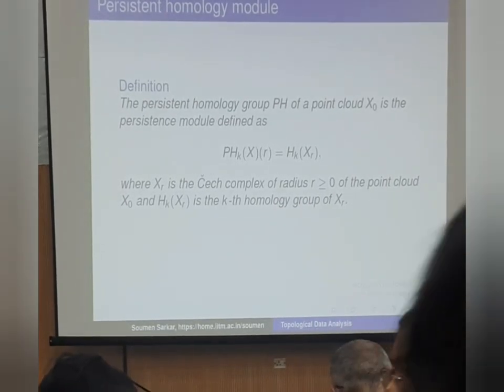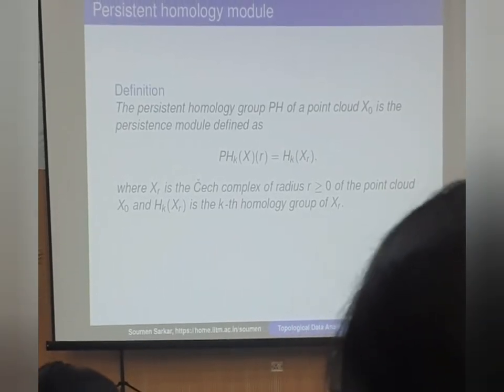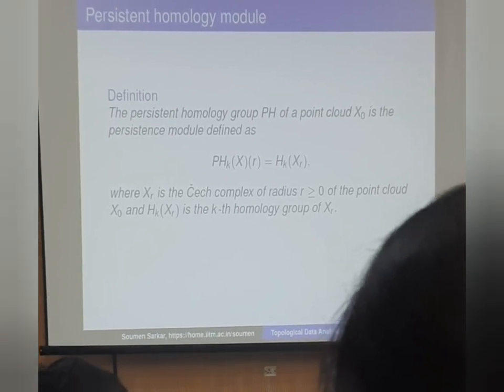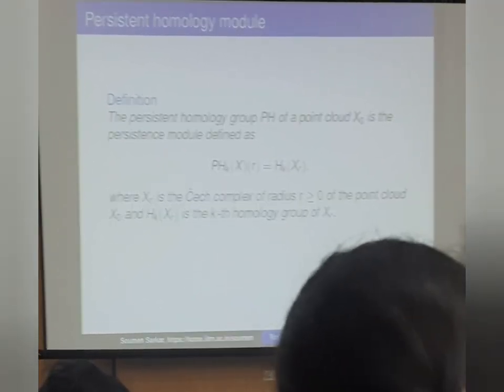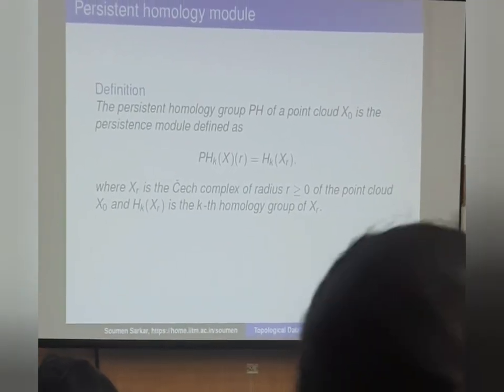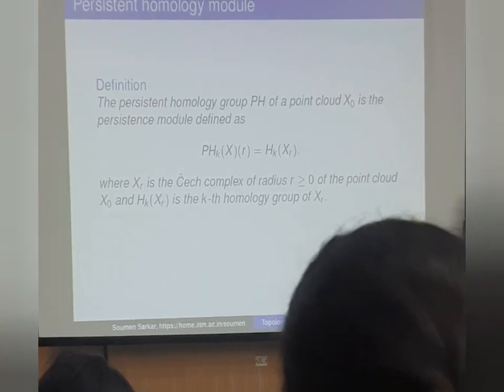So what does it measure? Here R is like epsilon, which we are moving, right? We had data, we wanted to understand the data set, so we try to get the simplicial complexes from there. But how far can we go? If we go slowly, how do we determine the shape of the data?